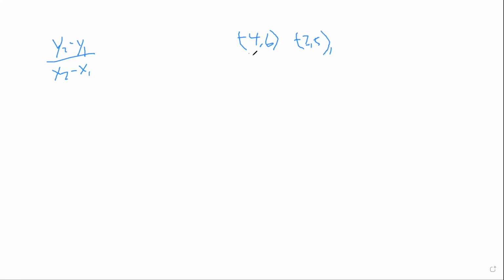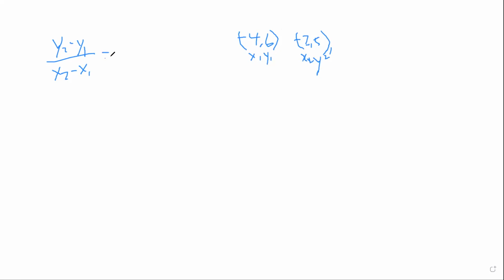One thing I always encourage people to do, until you get good with this, is try to stick some labels on these numbers so you can follow where your substitutions need to go. X2, Y2. All it means is this is X and Y from the first point, and this is X and Y from the second point.